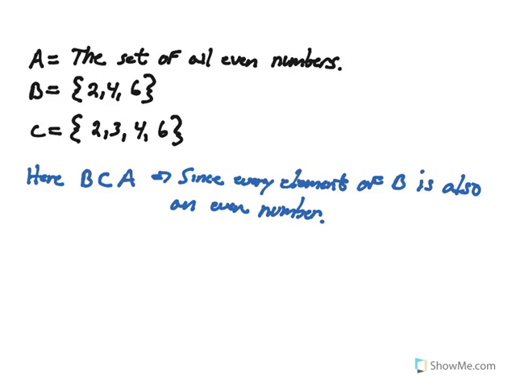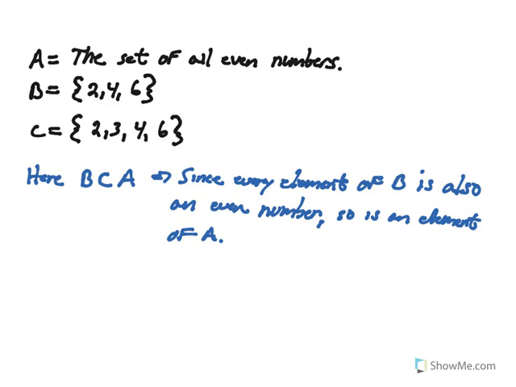So every element in set B is also an even number, okay? Because set A is the set of all even numbers, and if you look at set B, 2, 4, 6, those are also even numbers. So since every element of B is also an even number, it is an element of A.